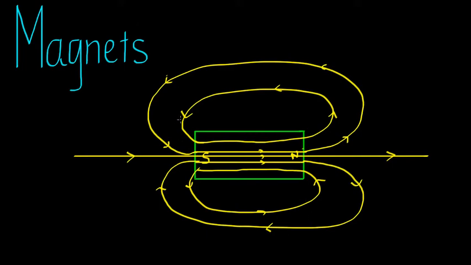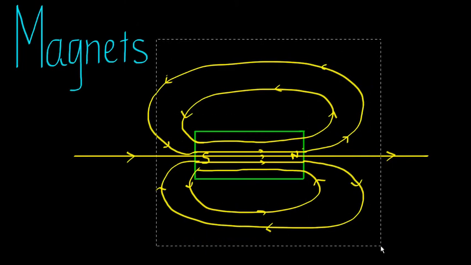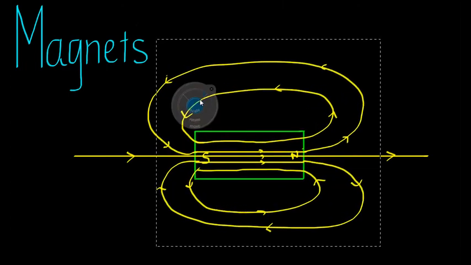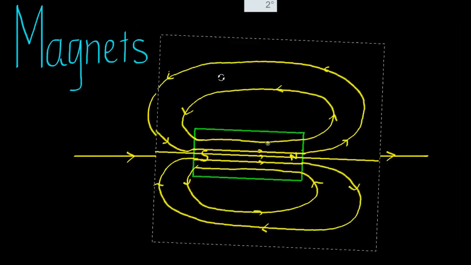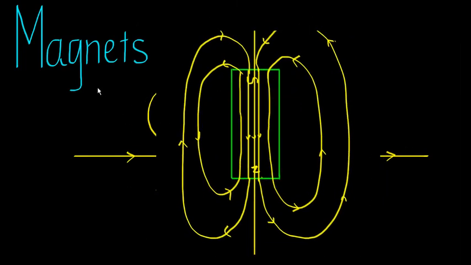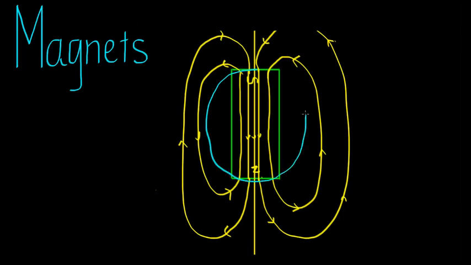Let's look at the magnet inside the Earth. So the Earth, we'll approximate it with this blue line, acts like a giant magnet.